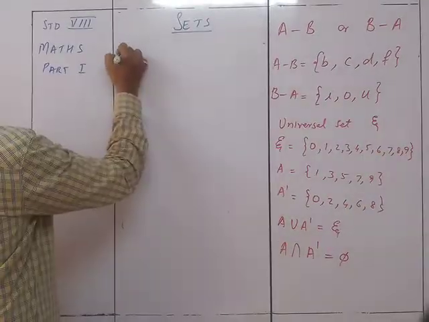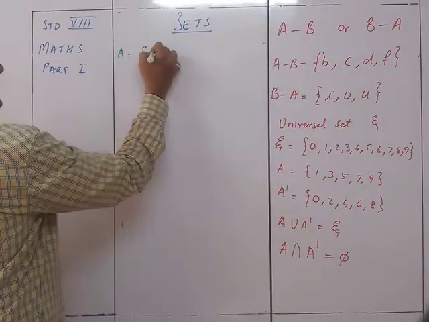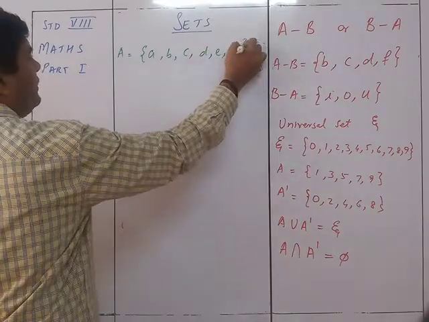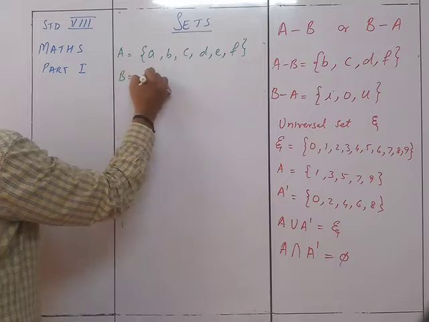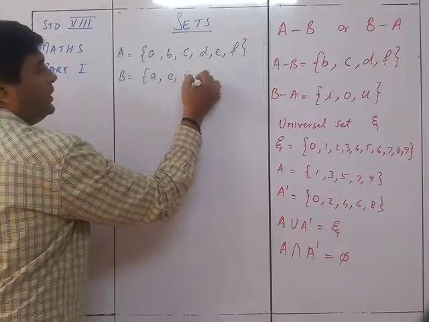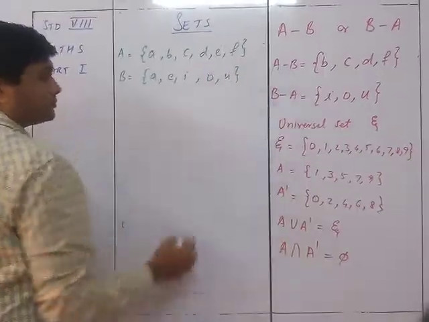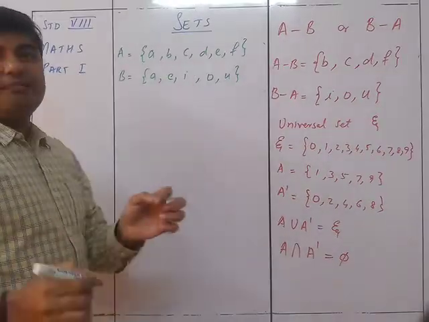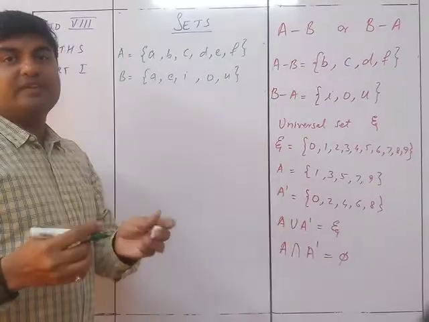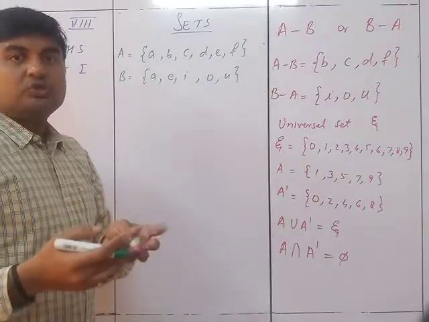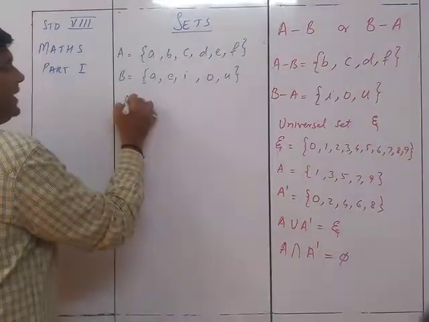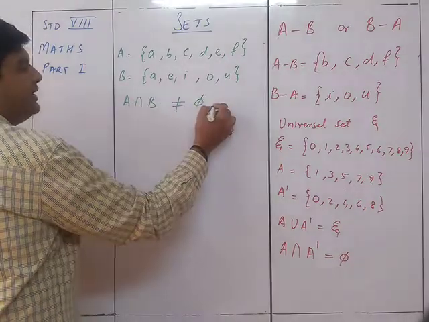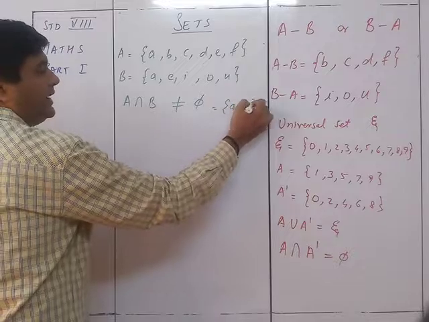We have A is equal to A, B, C, D, E and F. B is A, E, I, O, U. Now in this case, you can see there is something common between the two. There is an intersection possible. So such a thing where A intersection B is not equal to a null set and it is equal to A and E.